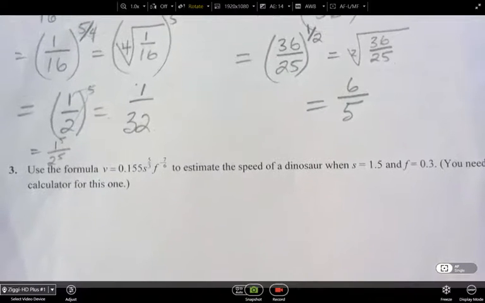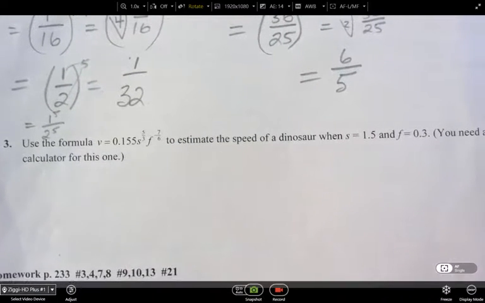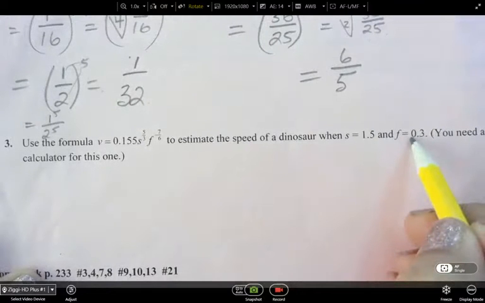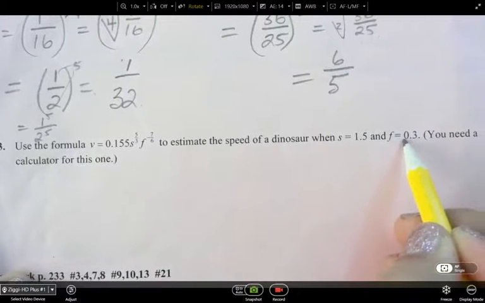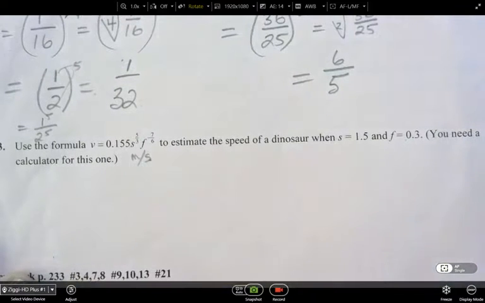So this last example here talks about using the formula, and you're going to have to use a calculator for this one. So if you use a calculator for this one, you're going to substitute the S value and the F value here. And I didn't state the units, so let's say that it's meters per second.